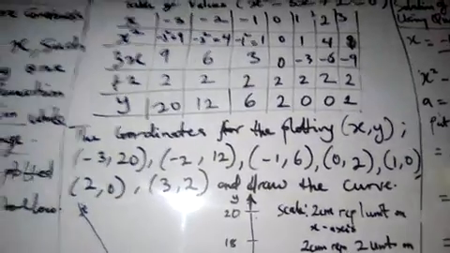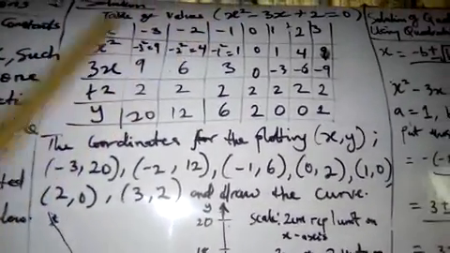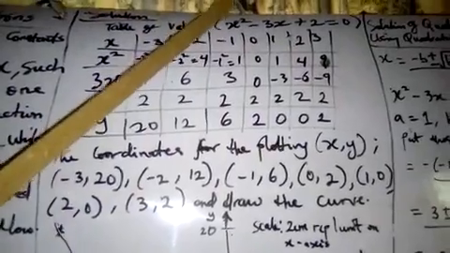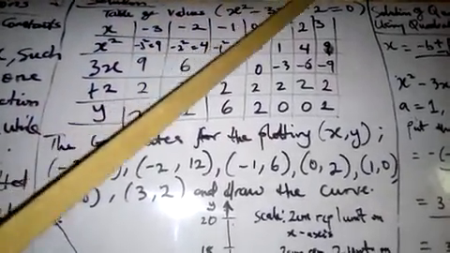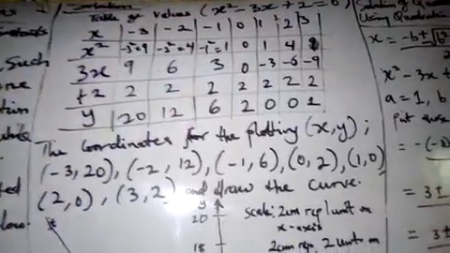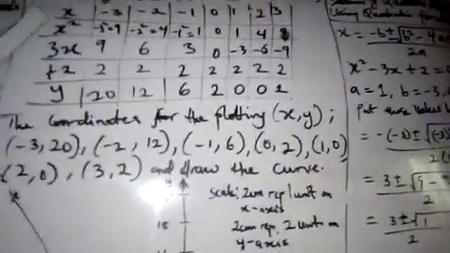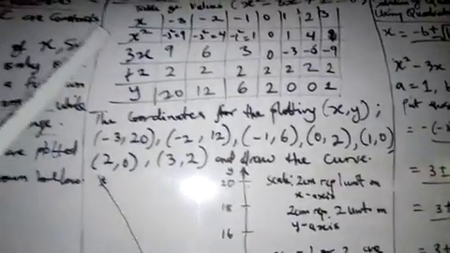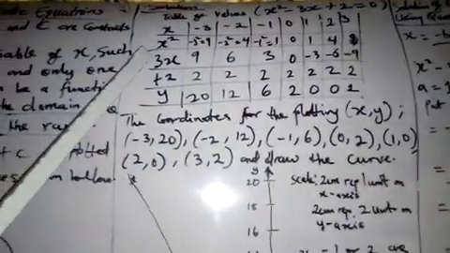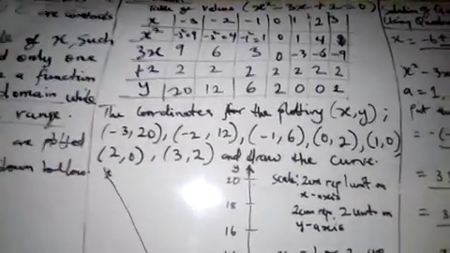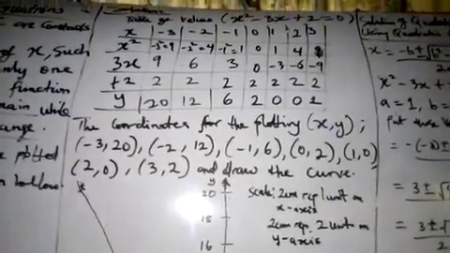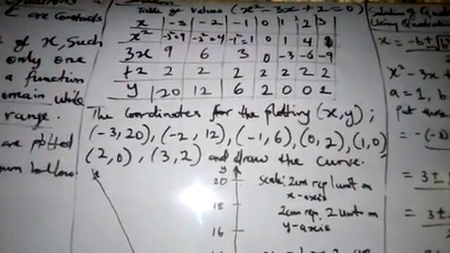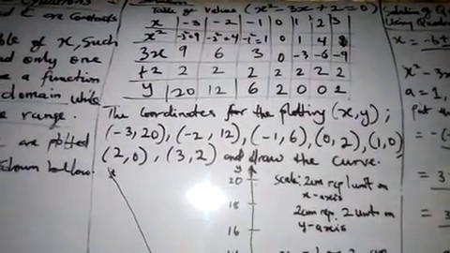Now you begin to insert in this table the values of each term. This is the first term, this is the middle term, this is the last term. The first term is x squared, the second term is 3x, and the last one is 2.